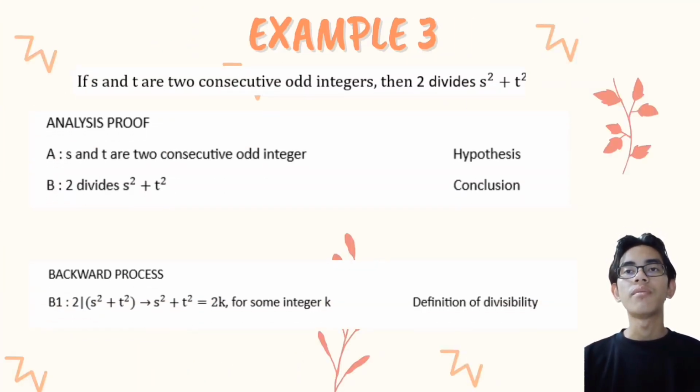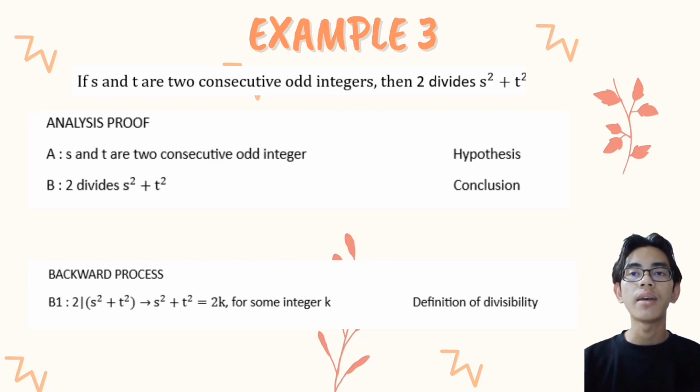Example 3. If S and T are two consecutive odd integers, then 2 divides S squared plus T squared. For the first step, we use analysis of proof to identify the hypothesis and conclusion. A: S and T are two consecutive odd integers as the hypothesis.